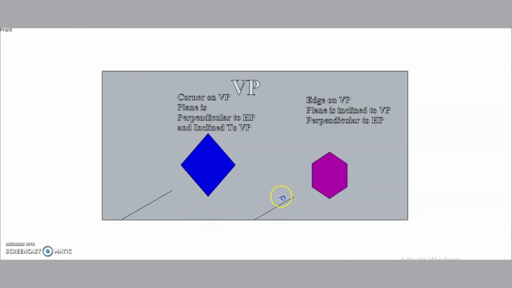This is a hexagon which is resting on one of its edges on HP. It is inclined to HP at a given angle and it is perpendicular to VP. This is a hexagon which is resting on VP on one of its edges and it is perpendicular to HP and inclined to VP.